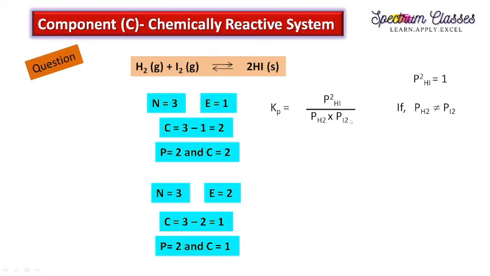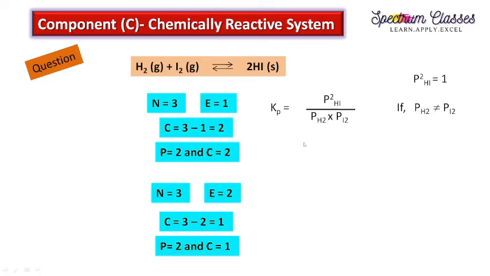On putting that value, we can evaluate the third one from here. If we combine these two together, we can fix the third one. So it is a two component system. Here we have the condition H2 is not equal to I2. So this is how this system can be evaluated as a two component system.